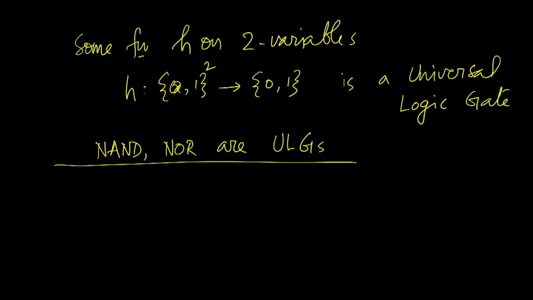Now, suppose h is some two variable Boolean function that is a universal logic gate. Then I claim that h of 0 0 will have to be 1. Why is this? Suppose h of 0 0 is 0.